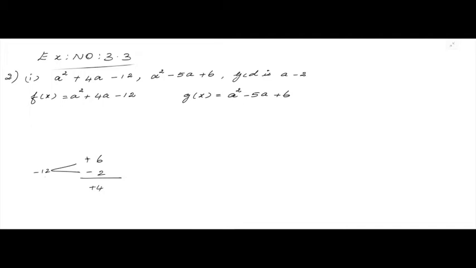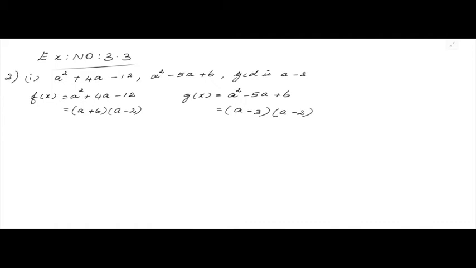When you add plus 6 and minus 2, are you getting plus 4? Yes. So this can be written as a plus 6 into a minus 2, and coming over here minus 5, here plus 6, 3 twos are 6, and when you add these two you will get minus 5. So here it is a minus 3 into a minus 2. Okay. Now we got our f of x and g of x and GCD.